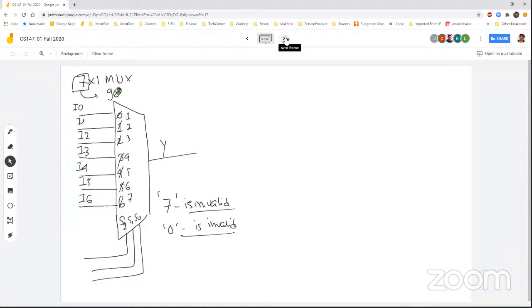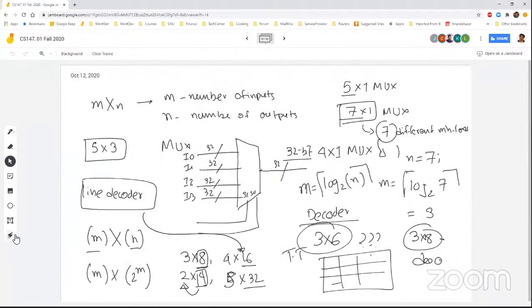Does that make sense? Yes. So you wouldn't see a 4 by 8 line decoder, because a 4 by 8 line decoder without a truth table doesn't make any sense. 4 by 16 makes sense because we know exactly what the functionality is, not a 4 by 4 or 4 by 8 kind of thing.